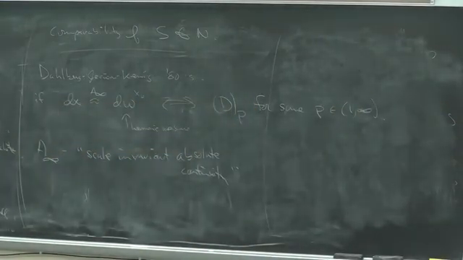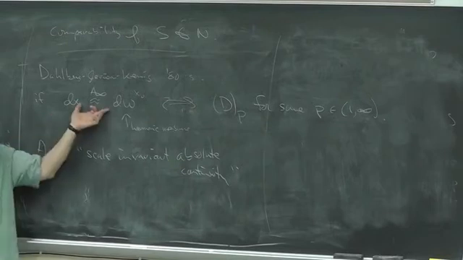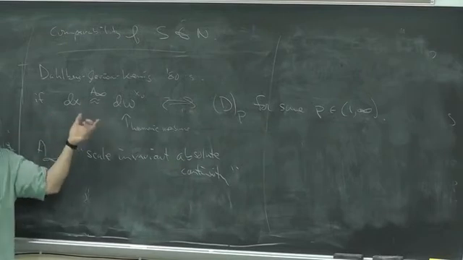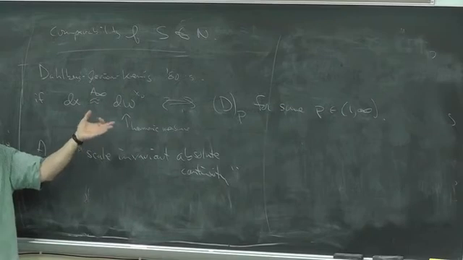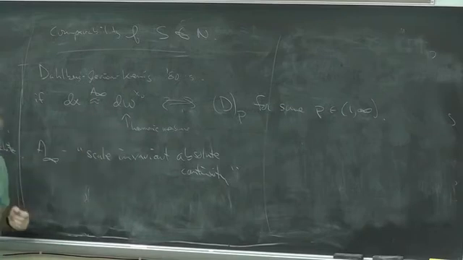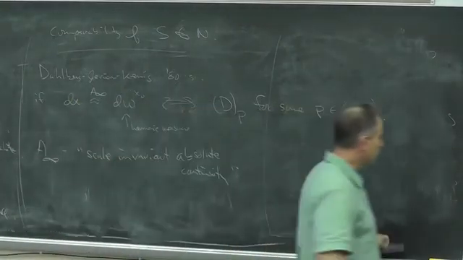Okay? So you get this scale invariant absolute continuity if and only if there's some p for which the Dirichlet problem with LP data is solvable, in the sense of the topic.